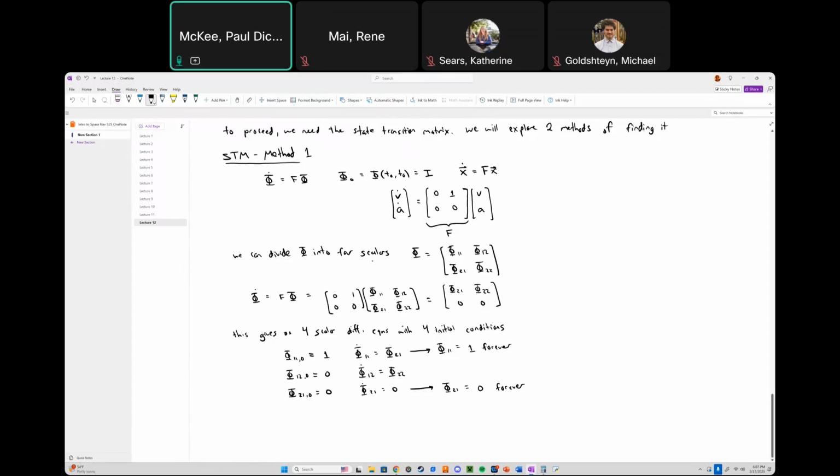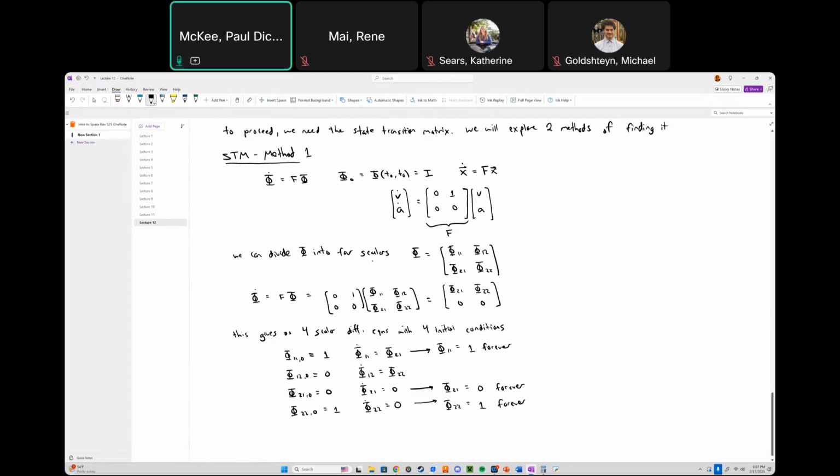Let's look at the last one, phi 2,2. Phi 2,2 initial is 1. The bottom right element is going to be a 1. Phi 2,2 dot is 0, which means that phi 2,2 is 1 forever.